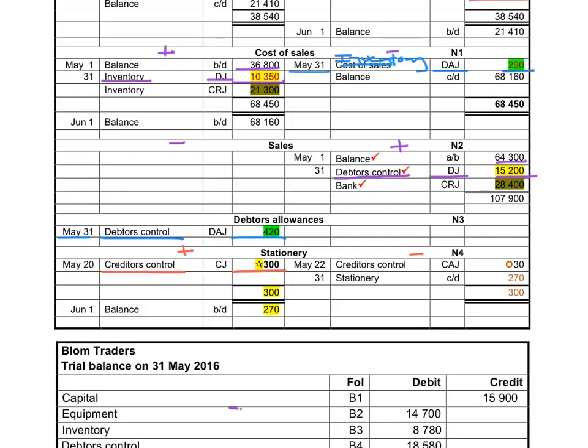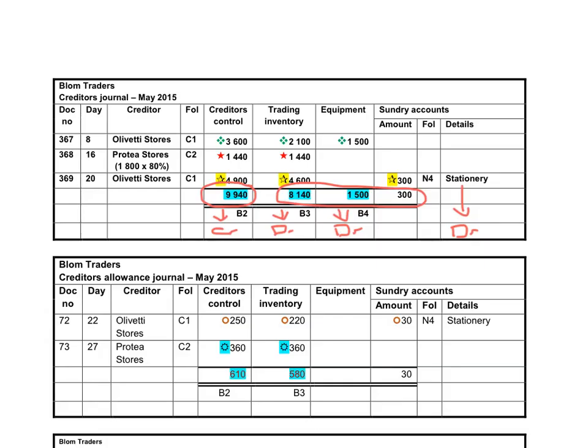Totals are posted on the last day of the month. Amounts that are in the sundry columns will be posted on the day that the transaction occurred. After we posted the entries to the general ledger, we will record the folio number of the ledger to indicate that these amounts were posted to those specific ledger accounts.